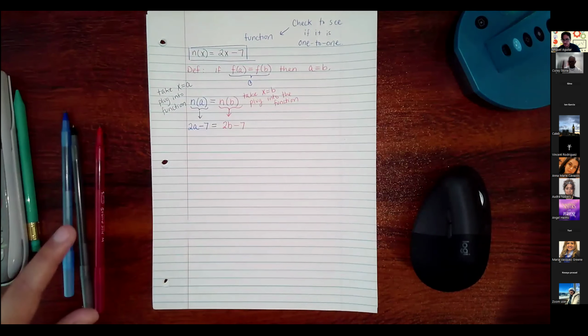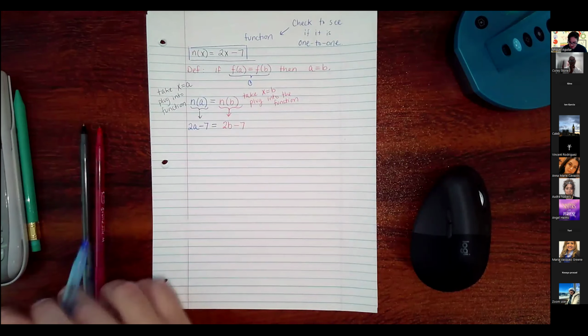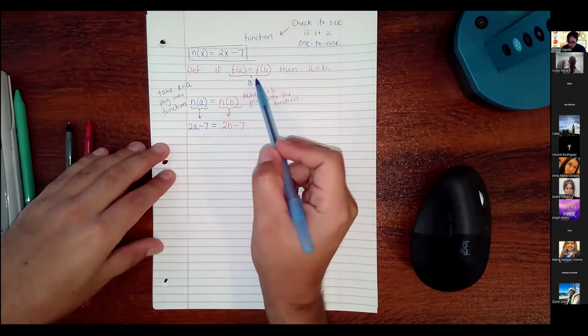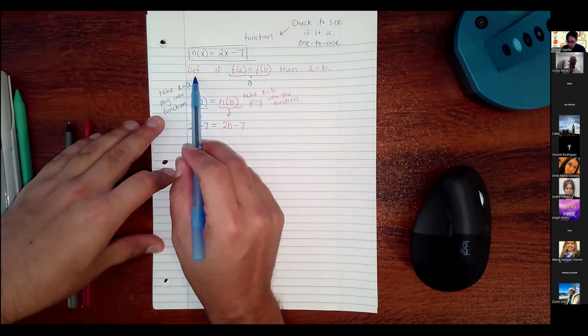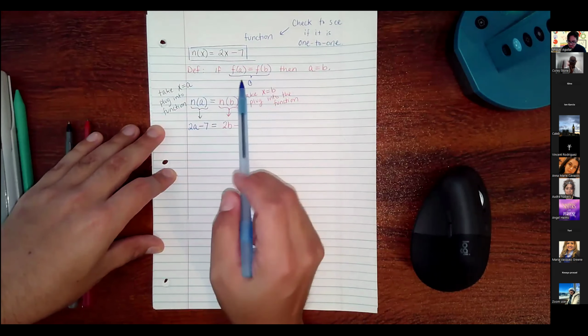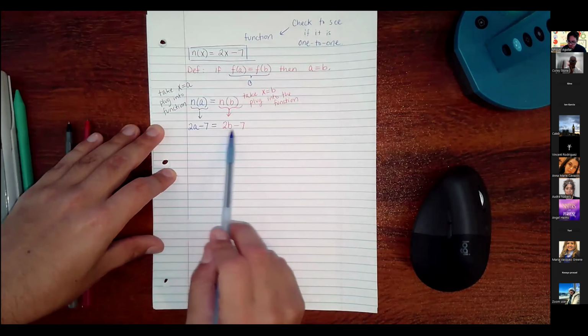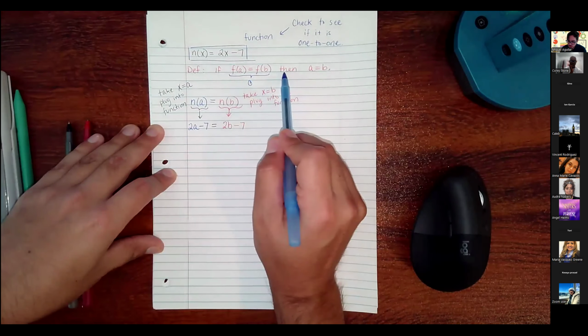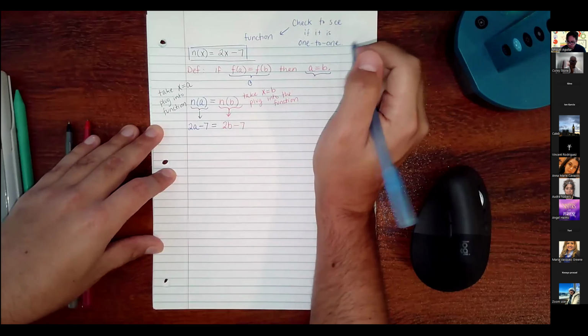So I'm going to give you guys a moment to write that down. This is always going to be the first step of applying this definition of a one-to-one function, because the definition just says if I can set up f of a is equal to f of b, like I did here, then that should imply that a is equal to b.